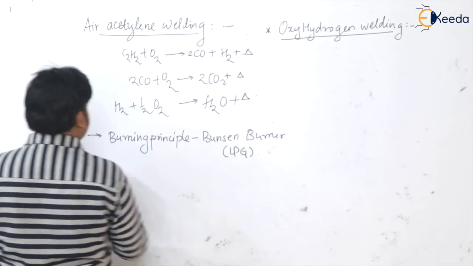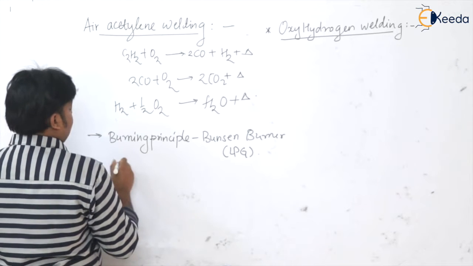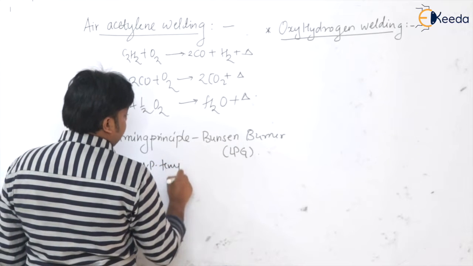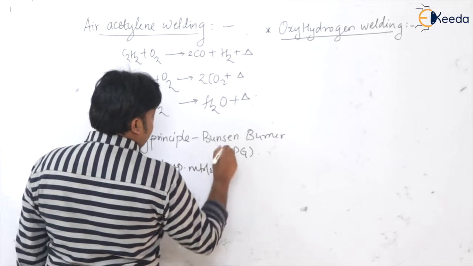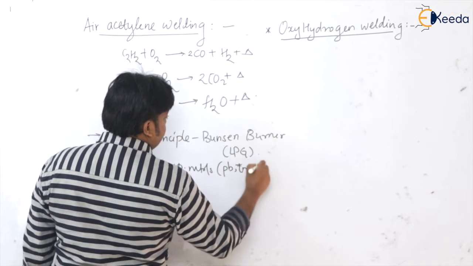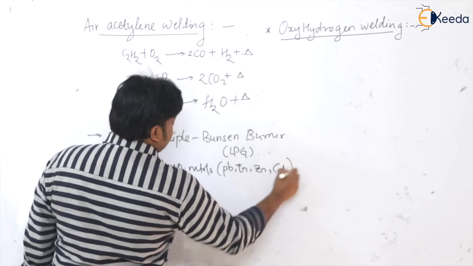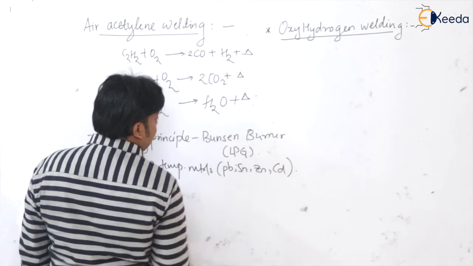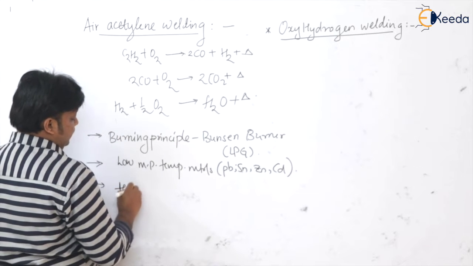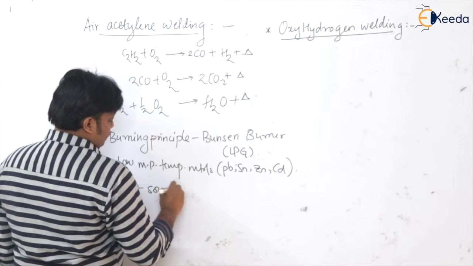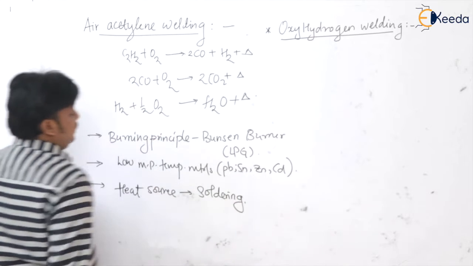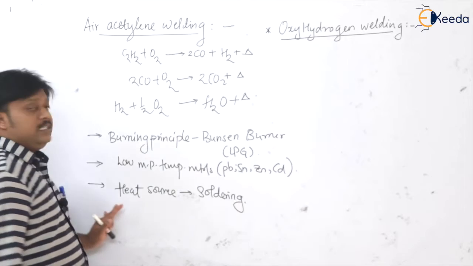It is used for low melting point materials like lead, tin (Sn), zinc, cadmium, etc. And in the old days it was used as a heat source for the soldering operation.